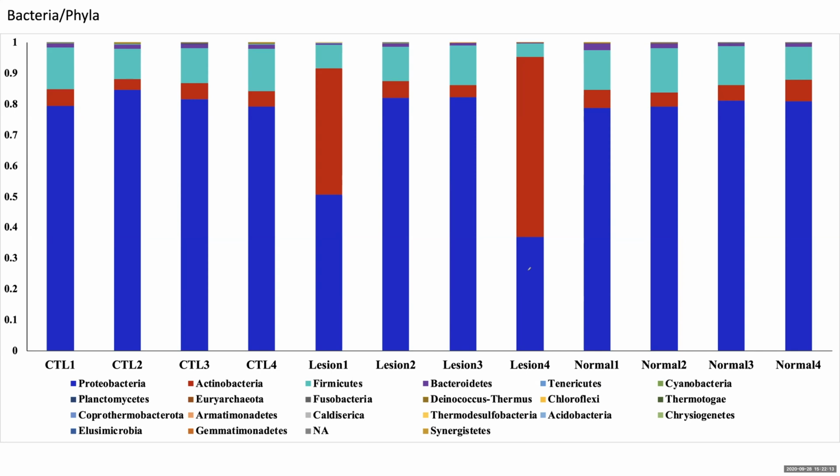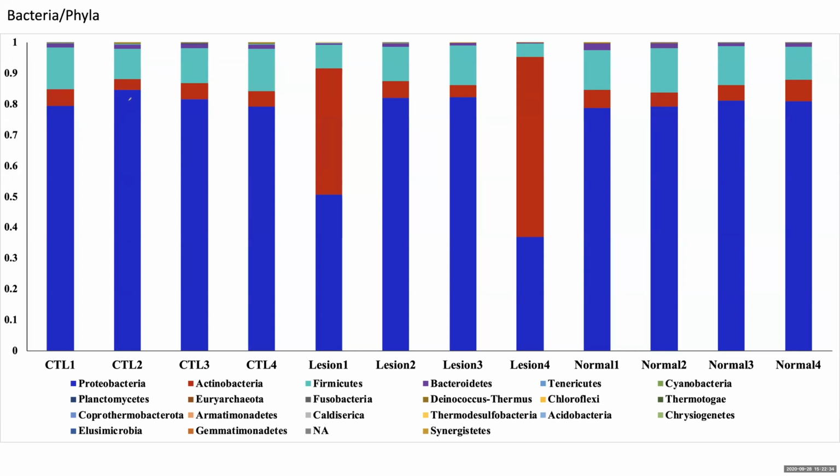Based on those ribosomal RNA, we could see that two of the samples had a very high abundance of actinobacteria. In the majority of the samples, Proteobacteria was the most abundant bacteria, and almost all the samples have a certain amount of actinobacteria.